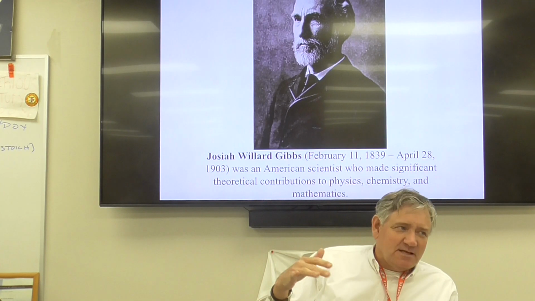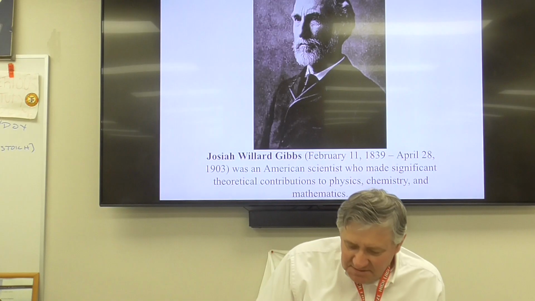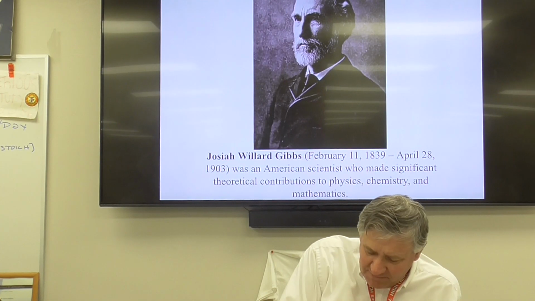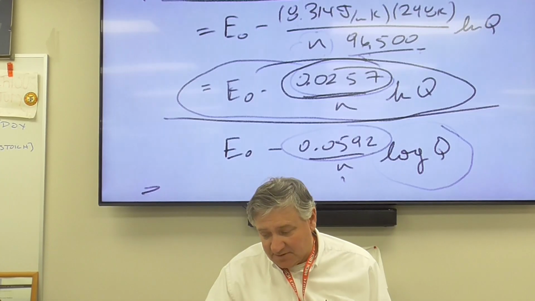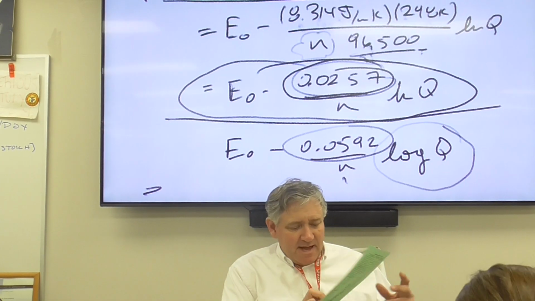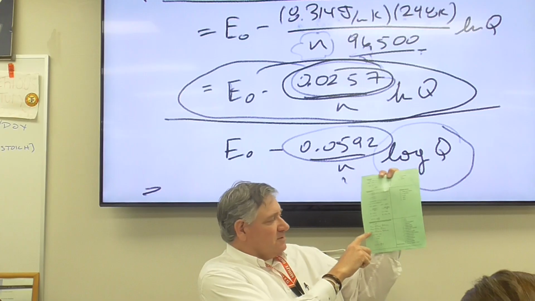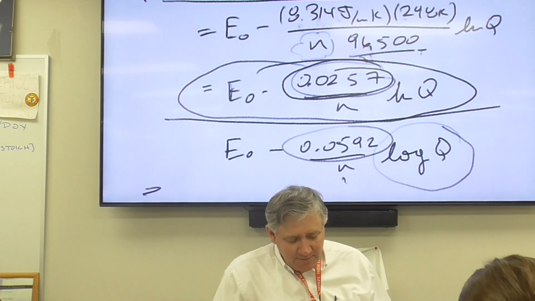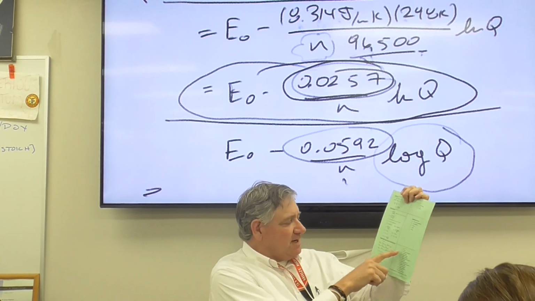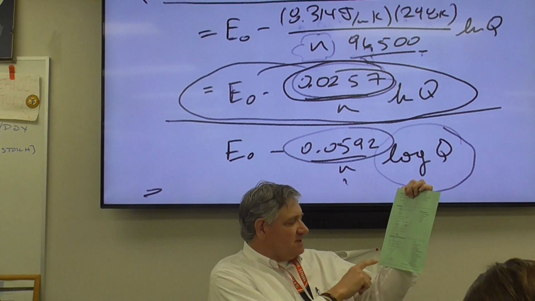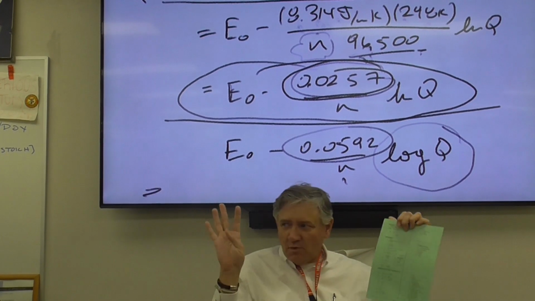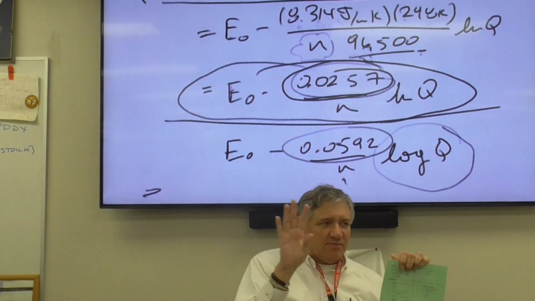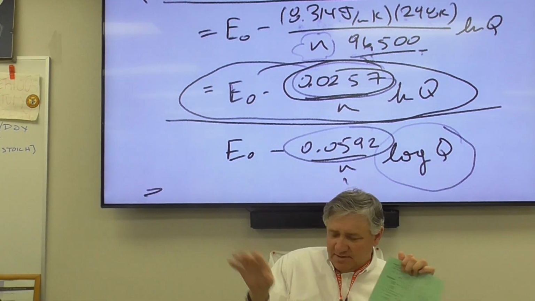That's up there. So when you look at Gibbs free energy, and we're going to spend a lot of time talking about it, if you look at this green sheet, in the thermodynamics section, you're going to see 4 different equations that involve Gibbs free energy.